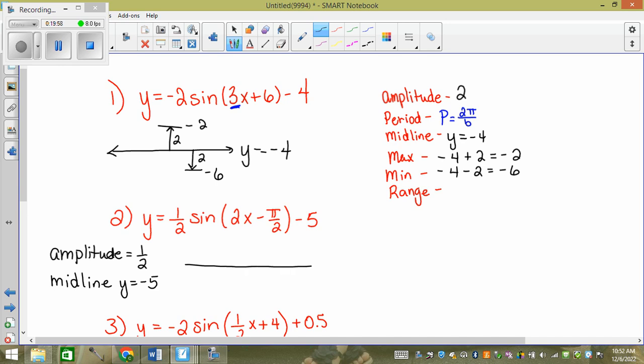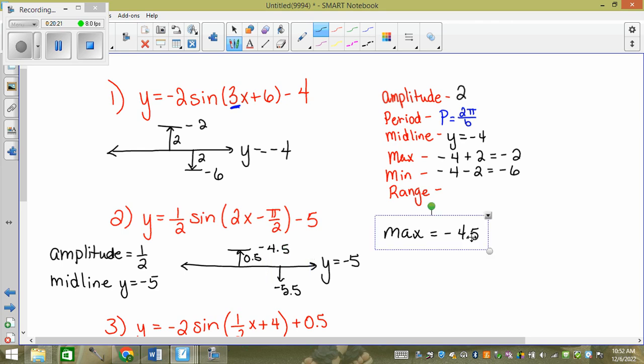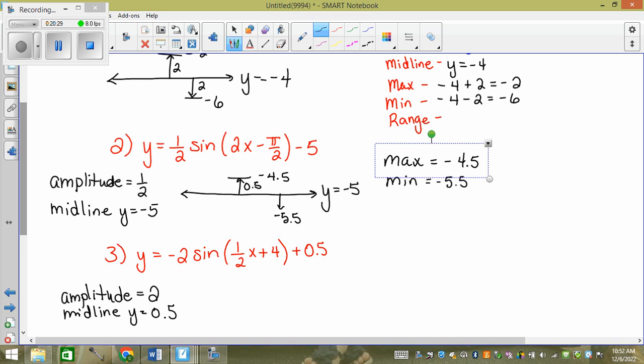Okay, this one. My midline is at y equals -5. Then I'm going to go up 0.5. So my maximum is at -4.5. Then I go down 0.5 for the minimum. You see how I didn't even have to type it into my calculator? Now this one, my midline is y equals 0.5.